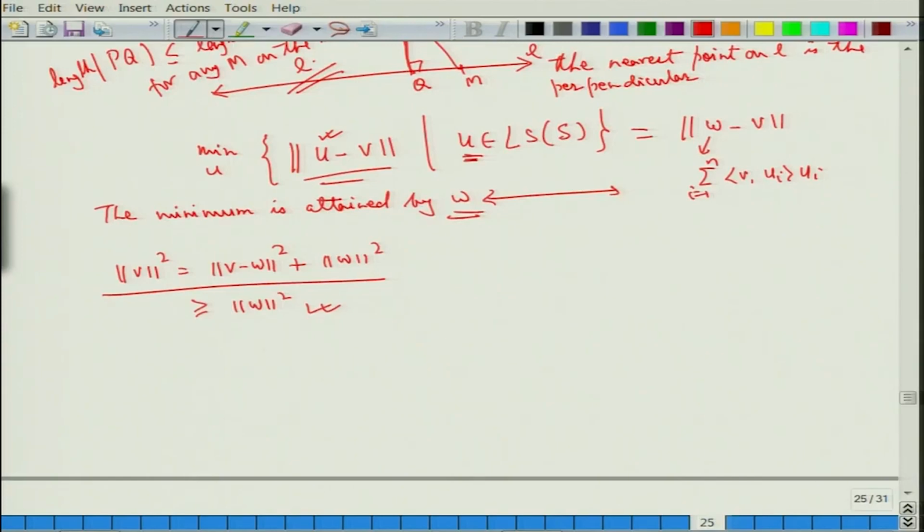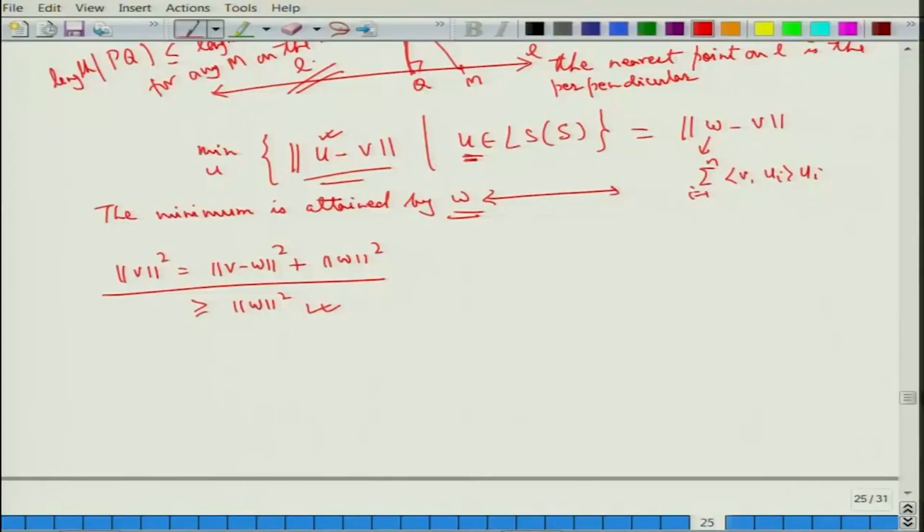So understand, when I have a geometrical object, I have an angle, I have perpendicularity, then the smallest distance is the one which is perpendicular, and this is what we have got. We would like to use this idea to build up things.